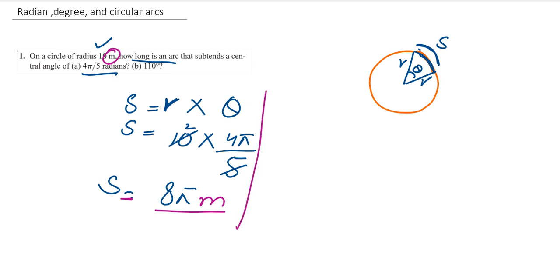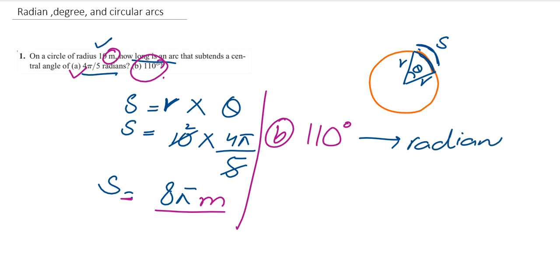Okay, so we are done with the first part, but now we do have part B, and the angle is in degrees. But in calculus, we really prefer to convert degrees into radians. Pi radians is equal to 180 degrees.